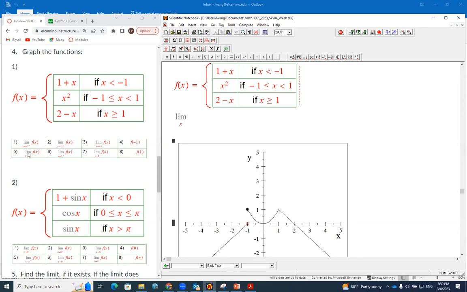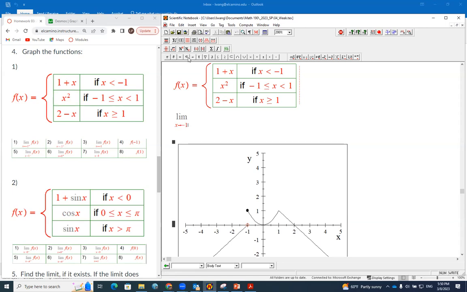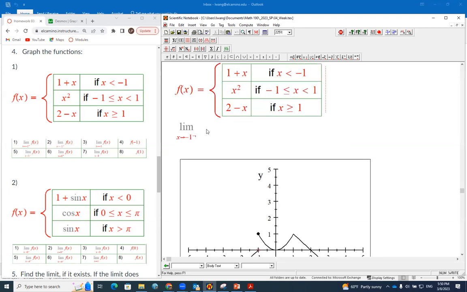So when we look at x approaching -1 from smaller than -1, you see all the signs. f of x, don't leave this place empty.